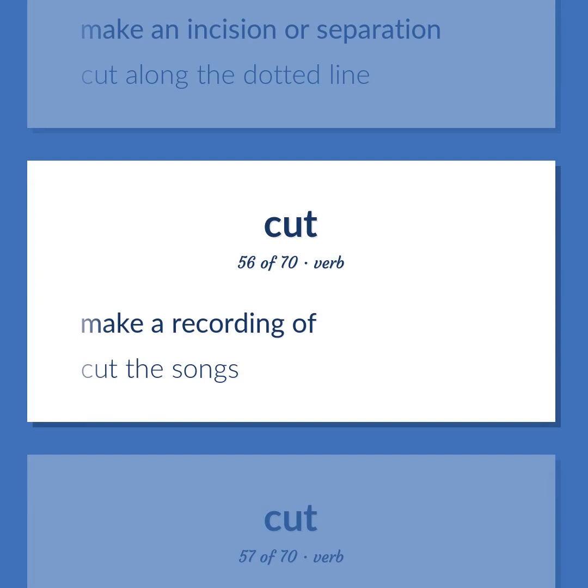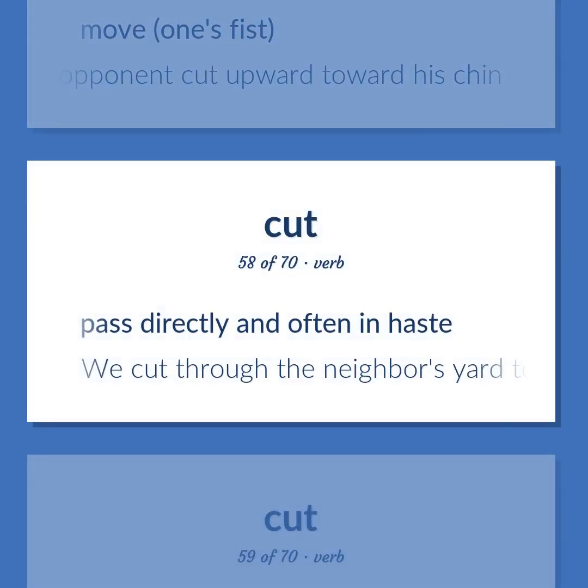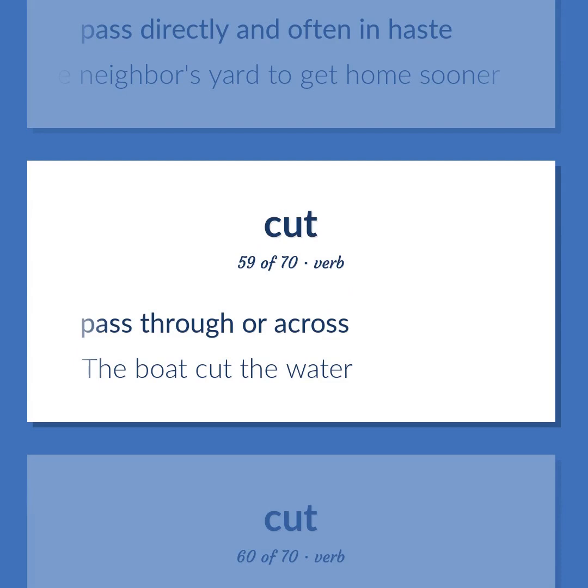Cut the songs. Move one's fist. His opponent cut upward toward his chin. Pass directly and often in haste. We cut through the neighbor's yard to get home sooner. Pass through or across. The boat cut the water.